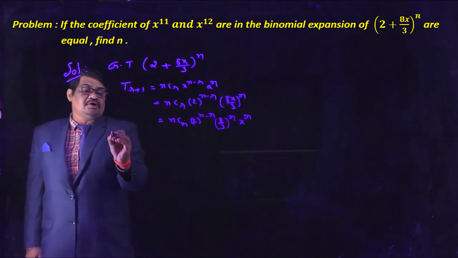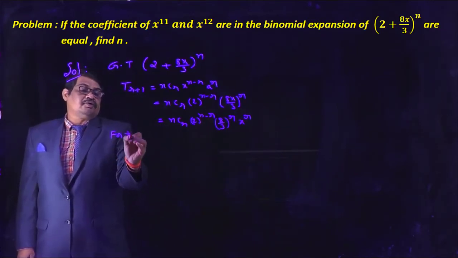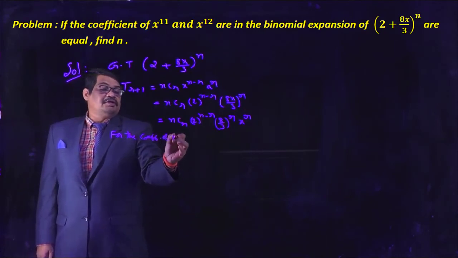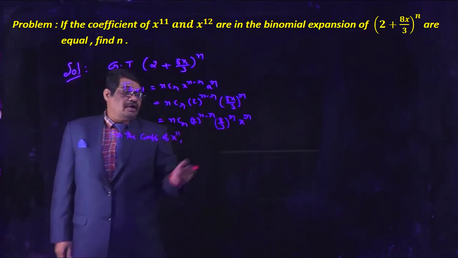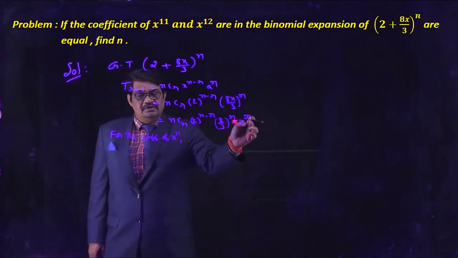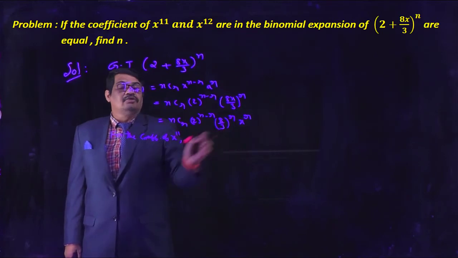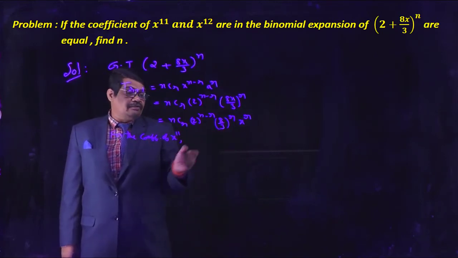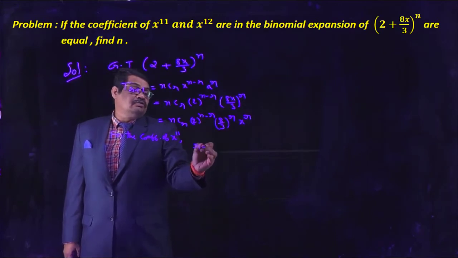For the coefficient of x to the power of 11, we are equating r is 11. So here r is 11, then we are getting the coefficient of x^11. So for the coefficient of x^11, r is equal to 11.